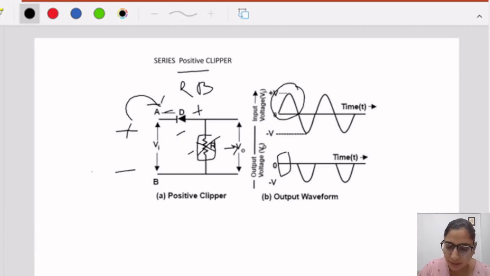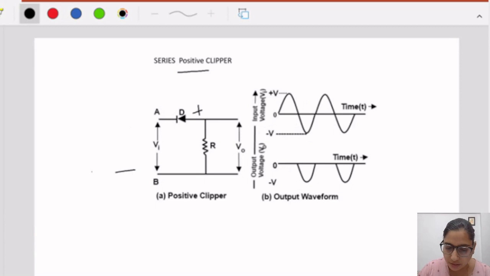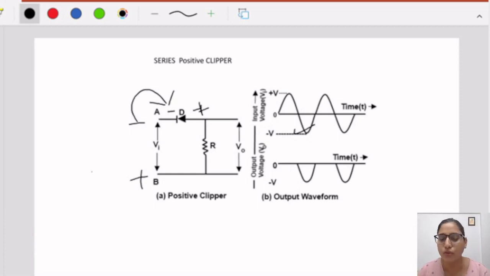Now what is happening in the negative half? Let's see the structure again. In the negative half, the polarity will be changed, because we are considering 0 to minus V. Now, this is the polarity of the diode. In this condition, we clearly see that the negative terminal of the battery is connected to the negative terminal of the diode. So the diode is in forward bias condition.